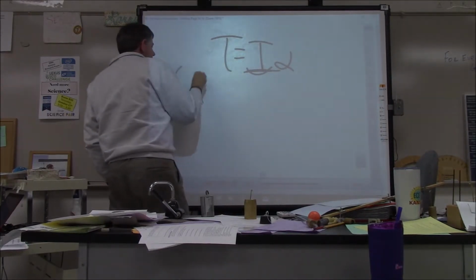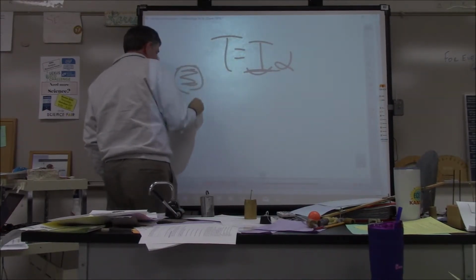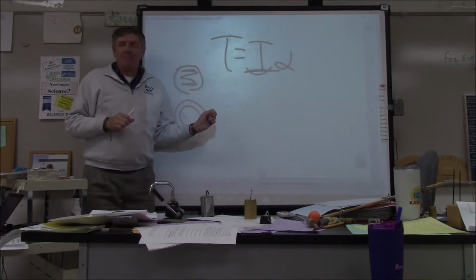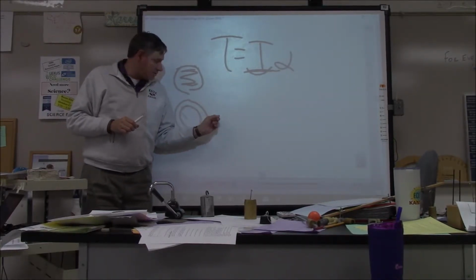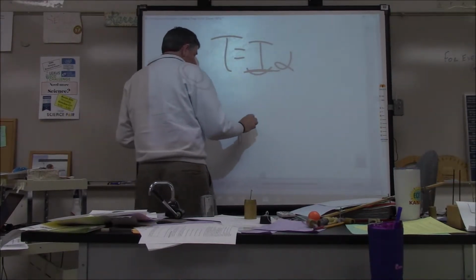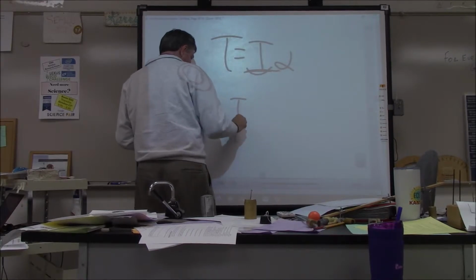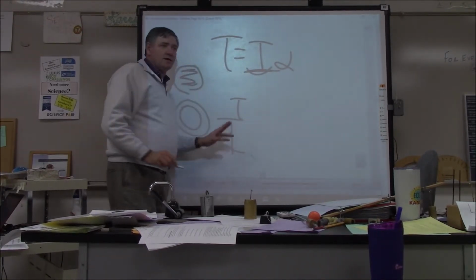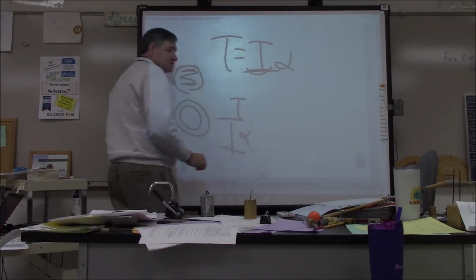So when you had the solid disk versus the Lord of the Rings, which one had a bigger moment of inertia? Lord of the Rings. So with the same torque, this one had a bigger I, so it had a smaller alpha.